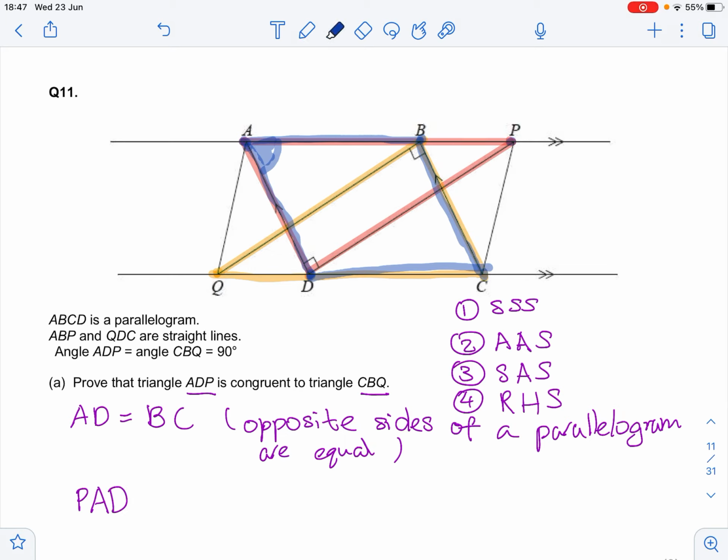It's the same as this angle here, which is BCQ. Those two angles are equal. We know those two angles are equal because they are opposite angles of a parallelogram. So opposite angles in a parallelogram are equal.